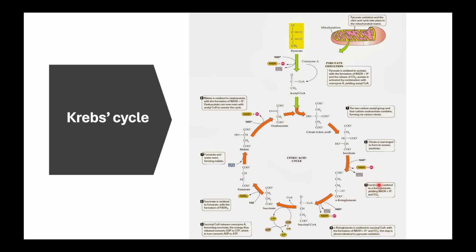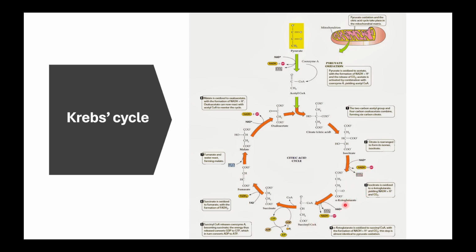So what is happening here is isocitrate is basically being oxidized to alpha ketoglutarate, and we get another molecule of CO2 and NADH plus H plus. Okay. Then alpha ketoglutarate again changes to succinyl coenzyme A. Here we see this 5 carbon moiety is getting changed to a 4 carbon moiety because one CO2 is getting released.